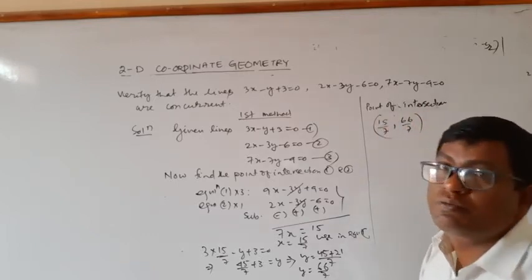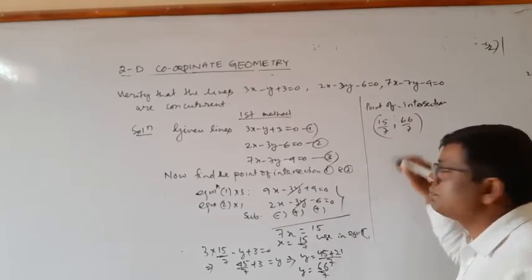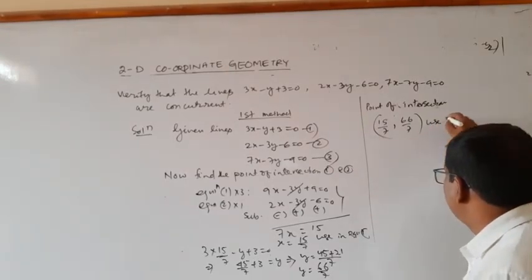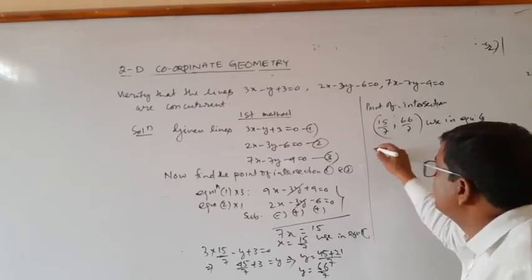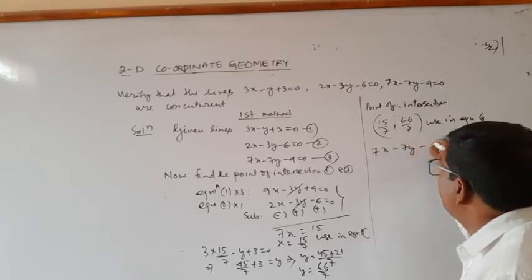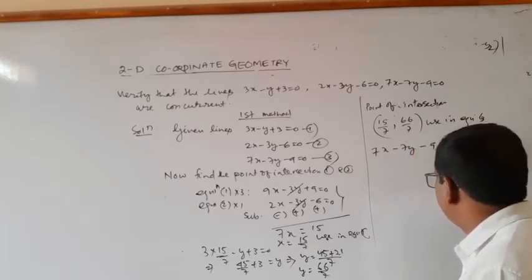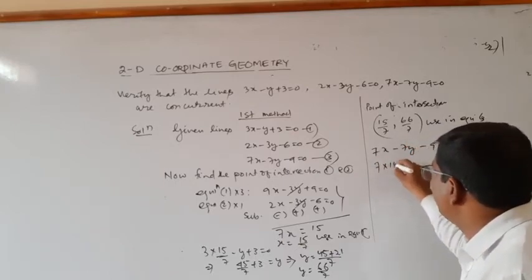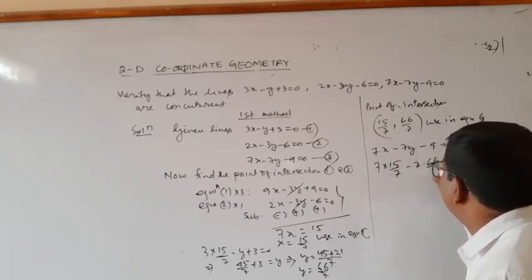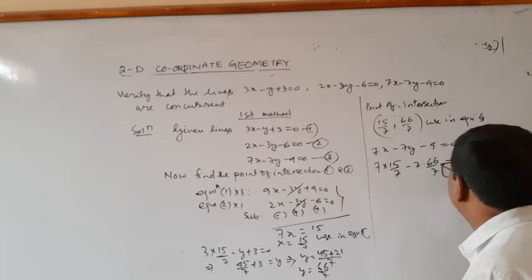Now apply this point of intersection in equation 3. So what is equation 3? 7x minus 7y minus 9 equal to 0. Now 7 into x means 15 by 7, minus 7 into y means 66 by 7, minus 9.